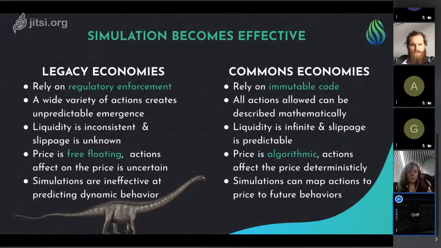Now, this gets really interesting because in the legacy economy, for instance, Jeff Bezos has $130 billion of Amazon stock, but we don't actually know how much that stock would be worth if he sold it all right now. It's very much dependent on how the market would react to it. And also, we don't know what the final price of that Amazon share would be.